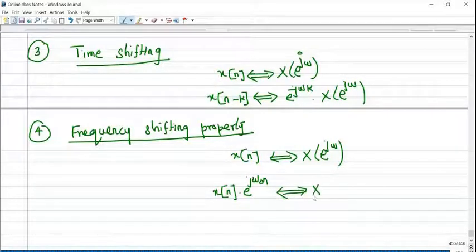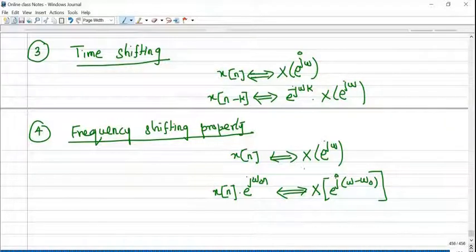Now the result will be equal to X of e power j (omega minus omega naught), this omega replaced by omega minus omega naught. So this property is called the frequency shifting property, because there is a shift in the frequency component in the result. Instead of omega, the result is omega minus omega naught. If you multiply x of n with e power minus j omega naught n, then omega plus omega naught is the result.